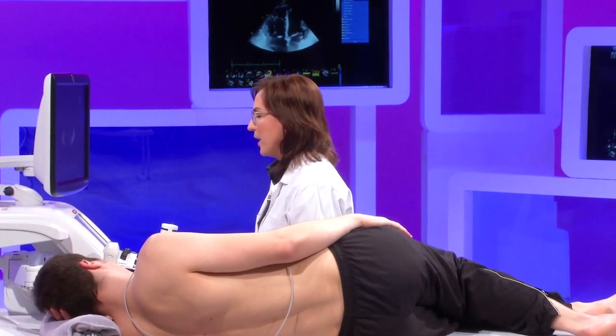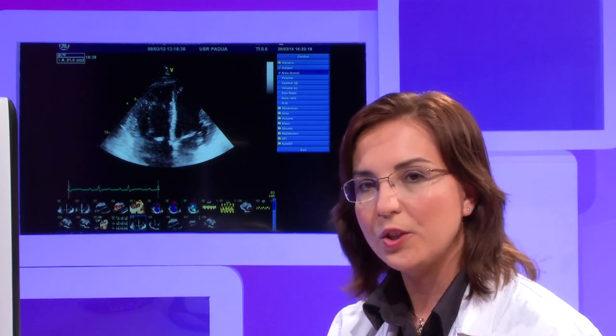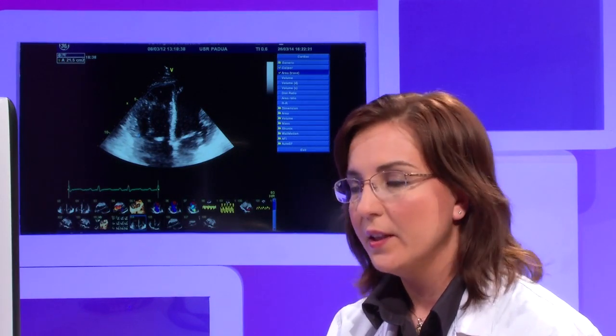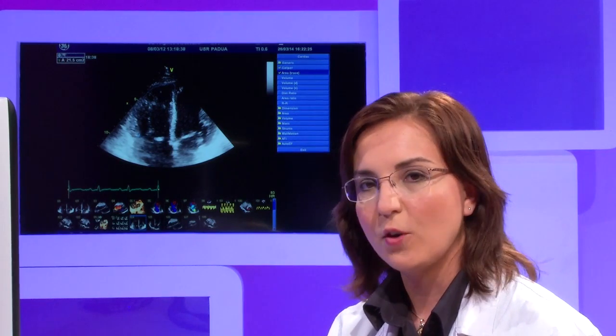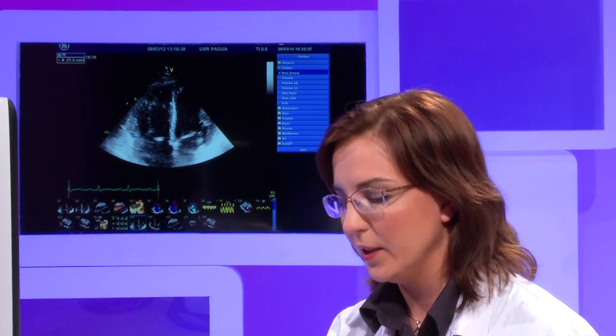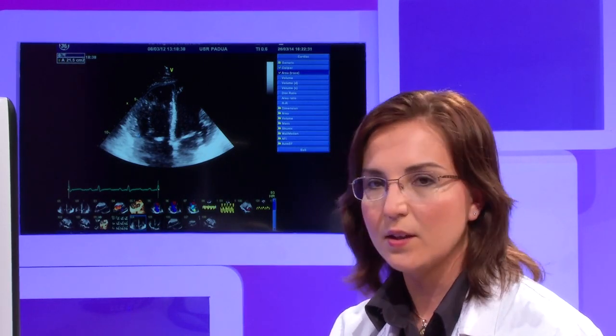So there is no single ideal parameter to assess the regurgitation severity. You should be able to integrate the findings from different views and different parameters, and then to integrate them in the clinical context.